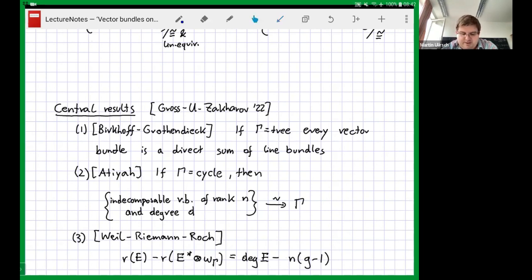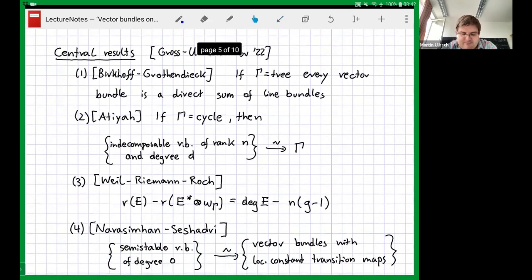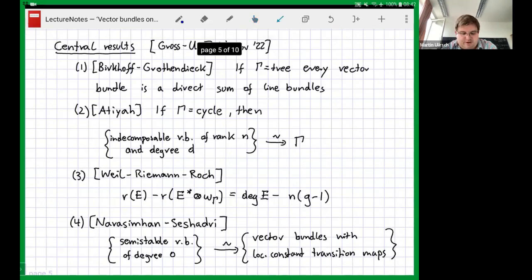Okay, and the last result I want to say is that in this perspective, we can also prove a tropical analog of the Narasimhan-Seshadri correspondence. In our case, it says that semi-stable vector bundles of degree 0 on our metric graph are the same thing as vector bundles with locally constant transition maps, which is a statement that's also true on a compact Riemann surface, the classical Narasimhan-Seshadri correspondence.